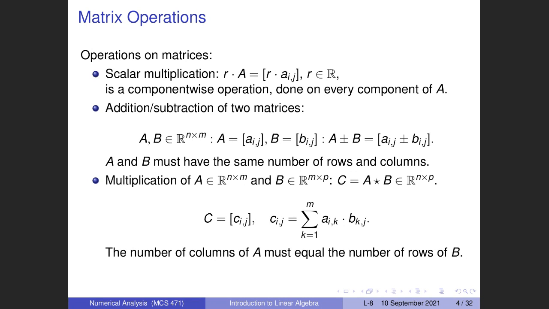The number of columns of A must match the number of rows in B. So you have this M that is shared between the matrix A and the matrix B. And you see the M disappears in the C, but the M actually plays again the critical role when you compute the numbers.